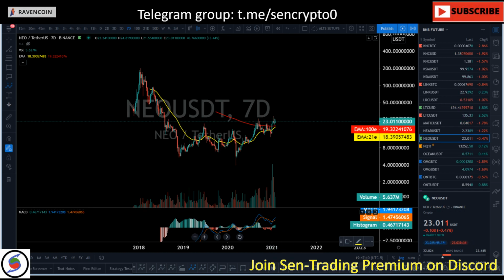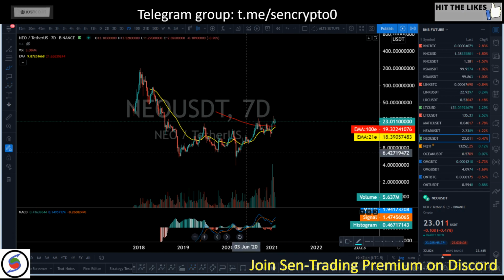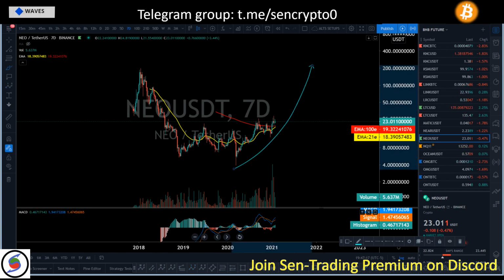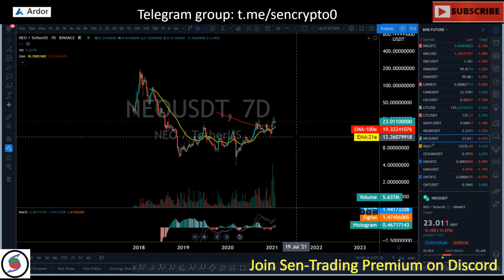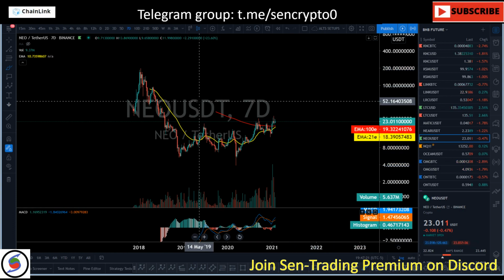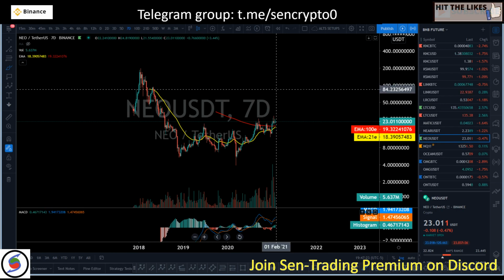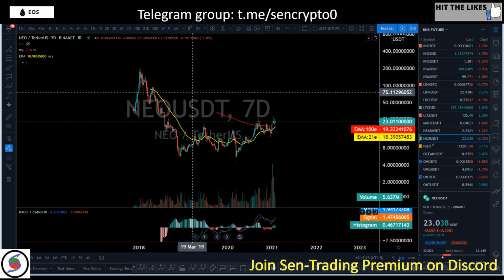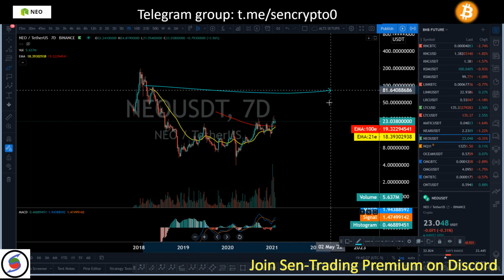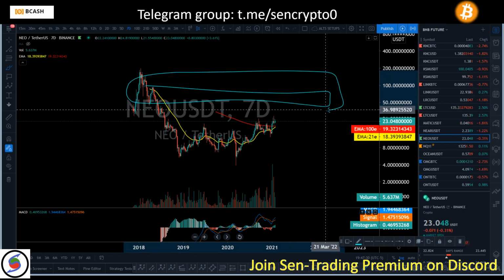You see what I'm saying? Right now the NEO directional move is pretty clear. It is upward, but you just don't know at what price level you want to be taking profit. The wave is going to give you a direction, and it can give you some sort of range for what price level you're going to be taking profit at.